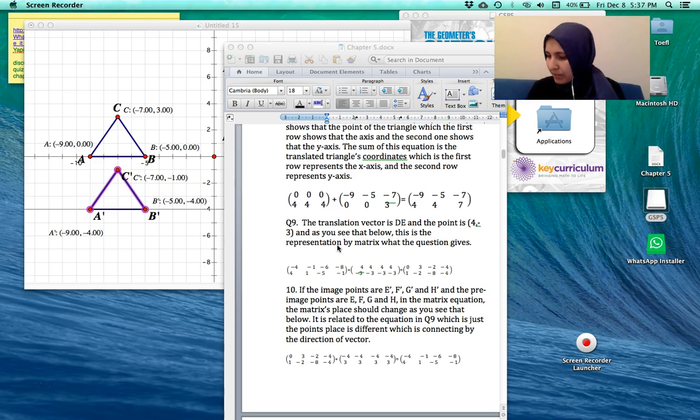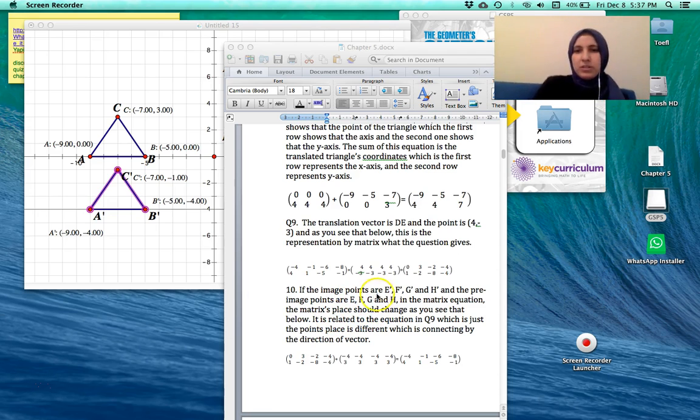Question 10. Create a second equation using matrices that maps the image points E prime, F prime, G prime and H prime to the pre-image points E, F, G and H. How is this equation related to question 9? And this is the other way.